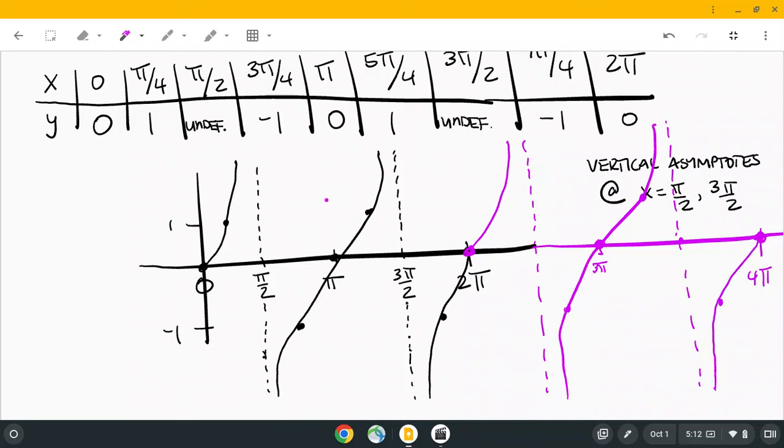So this repeats after 2 pi, but we see the repetition happening already after pi because we see this here and here.